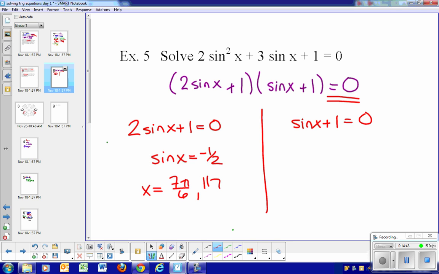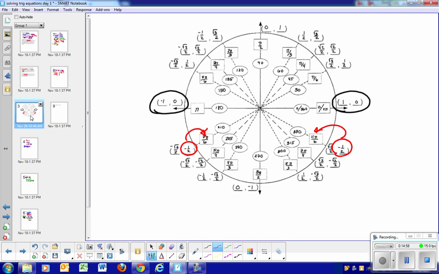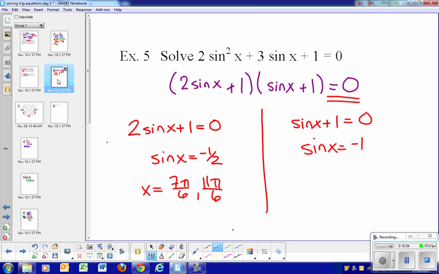So I want to know where sine is negative 1. That would be here, and that angle is 3 pi over 2. So overall, this question has 1, 2, 3 solutions. All 3 of those are answers to our original question.